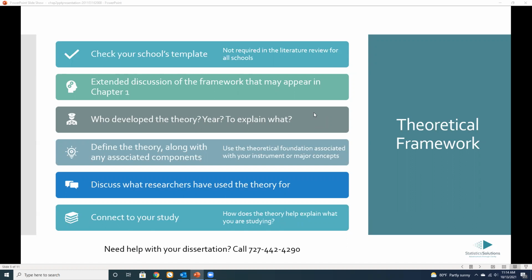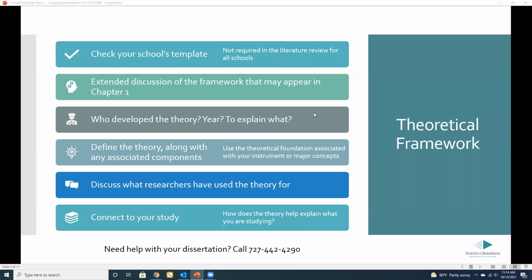Conceptual frameworks are typically associated with qualitative studies. Usually for quantitative studies, when you're using instruments, say to measure constructs, those instruments have a theoretical base.